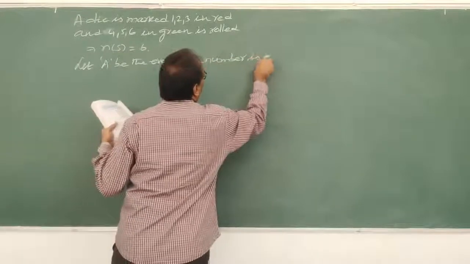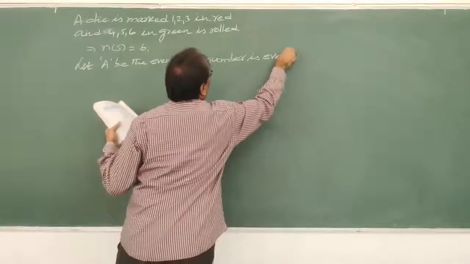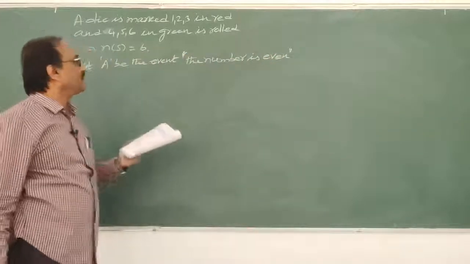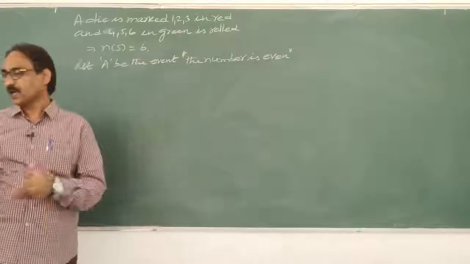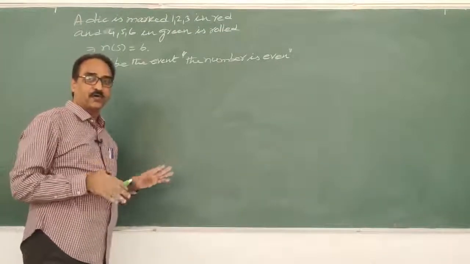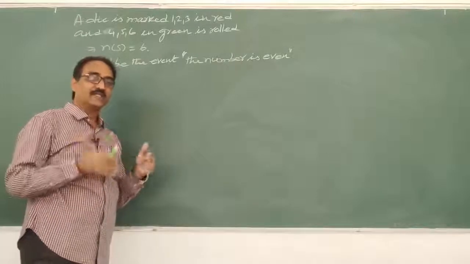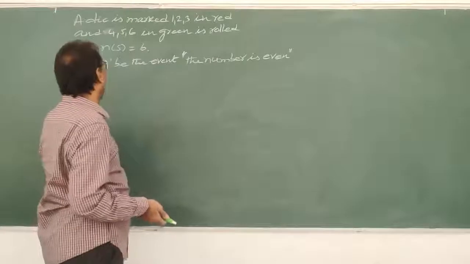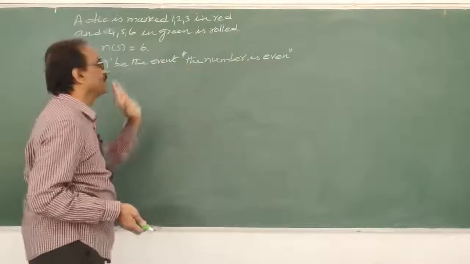Even means even number. No problem. As I told you, don't read everything and do everything simultaneously. One after the other, you do it, so it will become easy for you. So first your event is: let A be the event, the number is even.